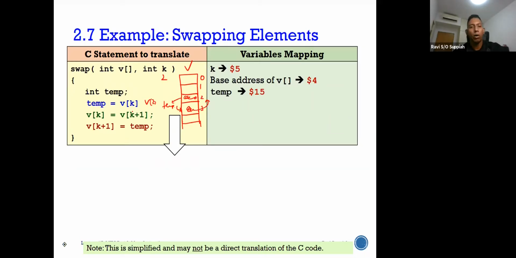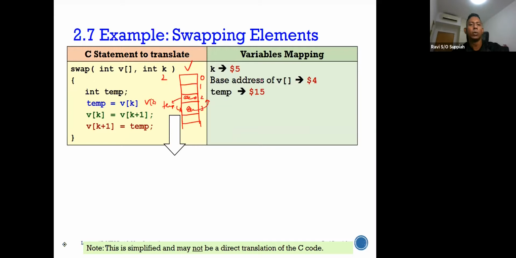Now how do I translate that into MIPS? Before we do that, we need to do the mapping. When you are writing your own code, you can decide how you want to do the mapping. If a question is given to you and you're asked to do something like this, the mappings would have already been provided, like what you see here.